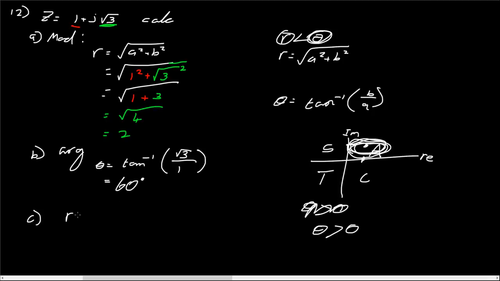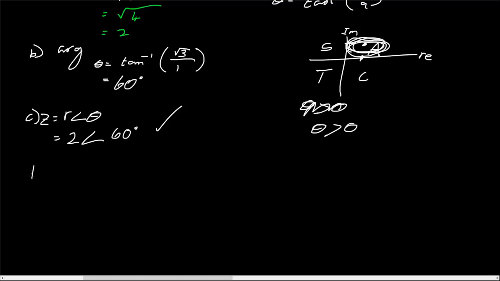So polar form is r angle theta, or z is equal to r angle theta. We know our r is 2 and theta is 60 degrees. And there we go. I'm just going to double check myself using my calculator to do the conversion. 1 plus root 3 j, converted to polar form, is 2 angle 60. Okay, so this is 100%. Right. Let's go on and do question D.